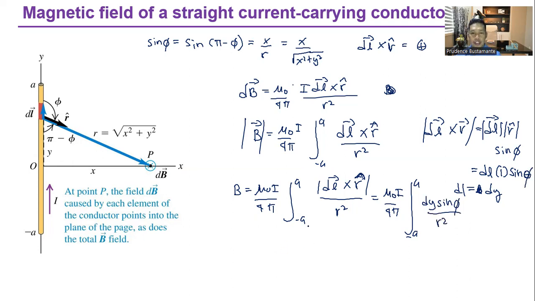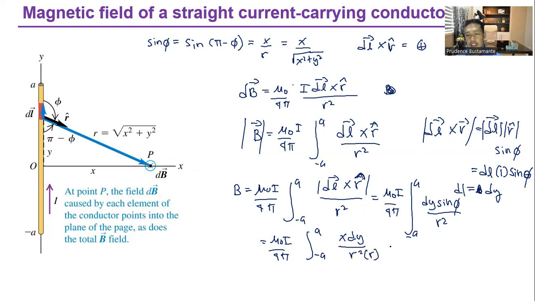So we have mu naught I over 4 pi. Since sine of phi is equal to x over r, we have the integral from negative a to a of x dy over r, and r squared becomes r cubed, or r squared times r.